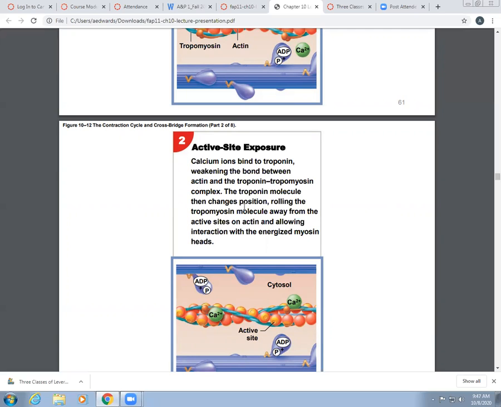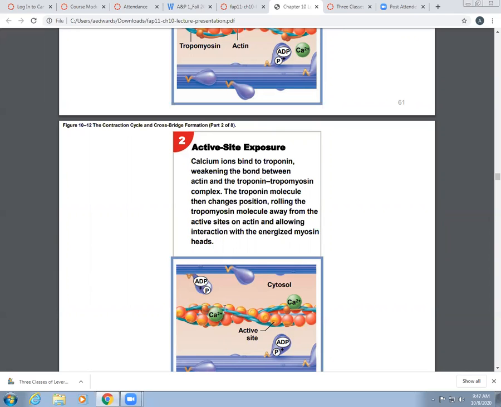And troponin then is going to move in position, and it rolls the tropomyosin away from the active sites on the actin. And the actin are essentially the red balls. The tropomyosin is the strands and the troponin are these orange balls.